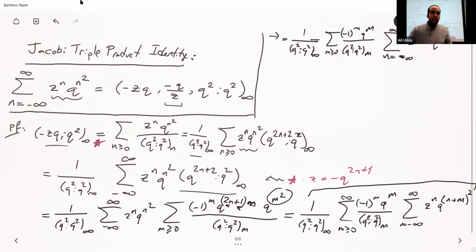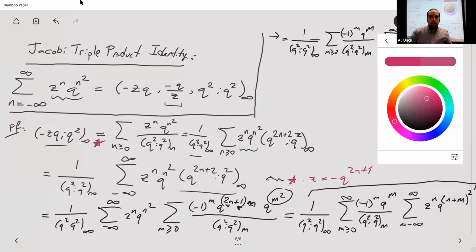Well, you see, if only I had n plus m on top of z, I would just name it a new thing. Because n goes from -infinity to positive infinity, that new thing, let's say k, would also go from -infinity to positive infinity, because m is fixed for that sum, and n varies. But right now, I cannot really do that directly, but maybe I can do this trickery.